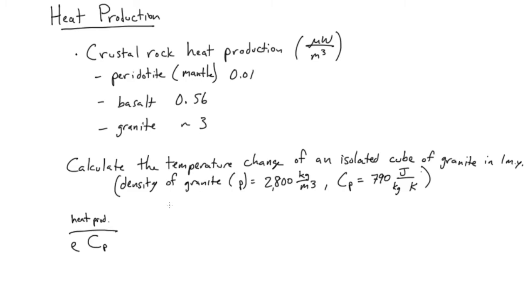So let's work this out. For granite, we've got 3 microwatts per meter cubed, over 2,800 kilograms per meter cubed, times 790 joules per kilogram per degree.